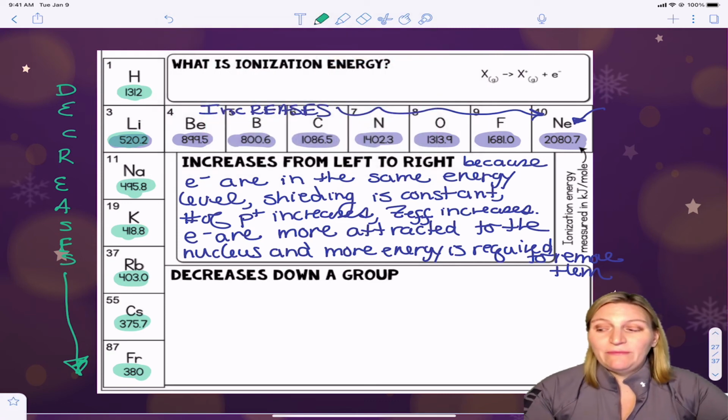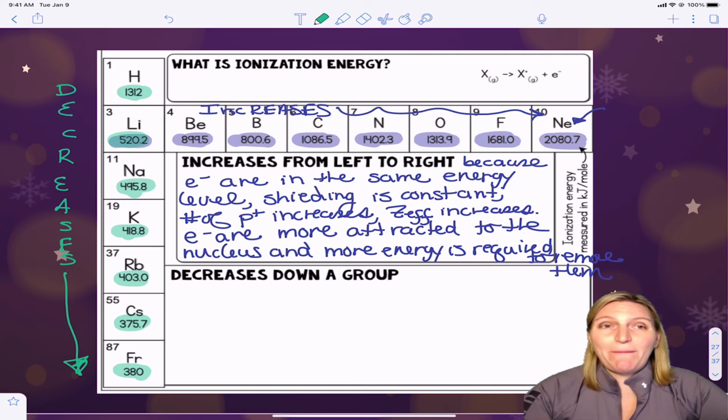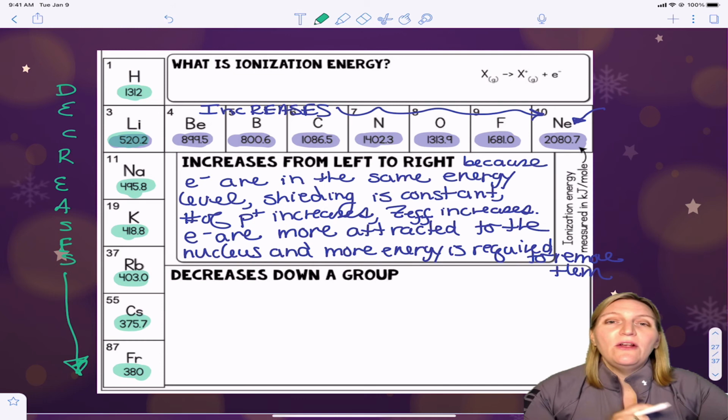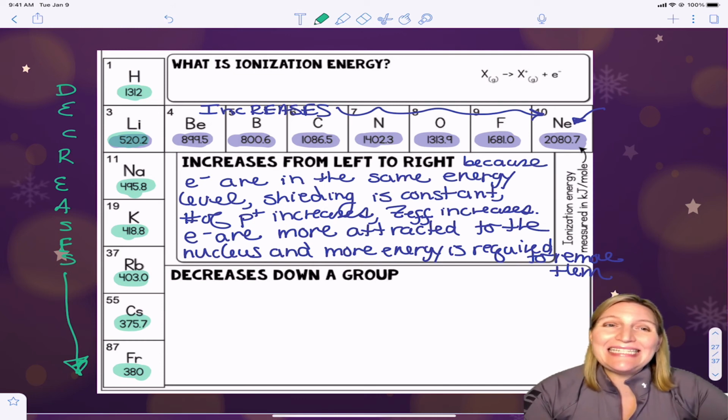And we can see very opposite things are happening as we go down. The electrons are in higher energy levels. Shielding is constant, Z effective is relatively constant. So what is changing, remember the other piece of Coulomb's law, is the distance between the outermost electron and the nucleus.